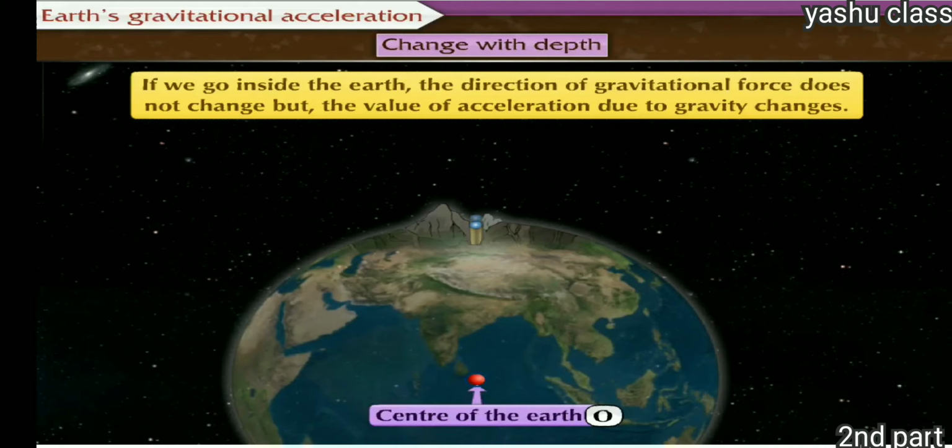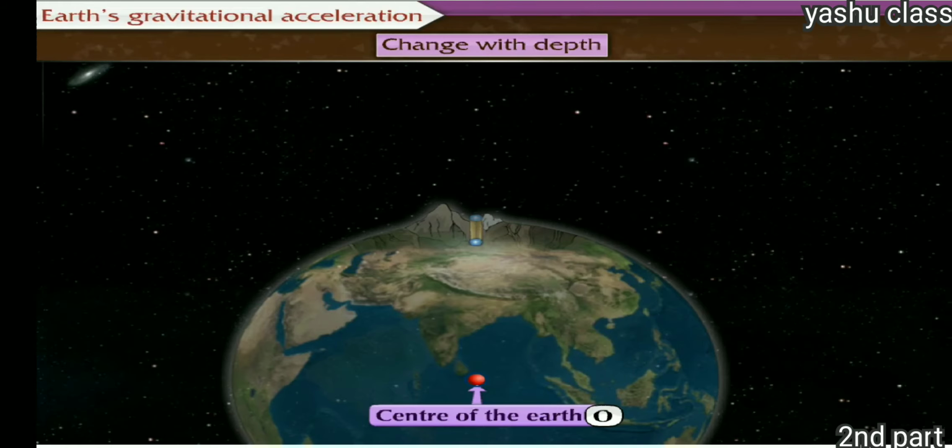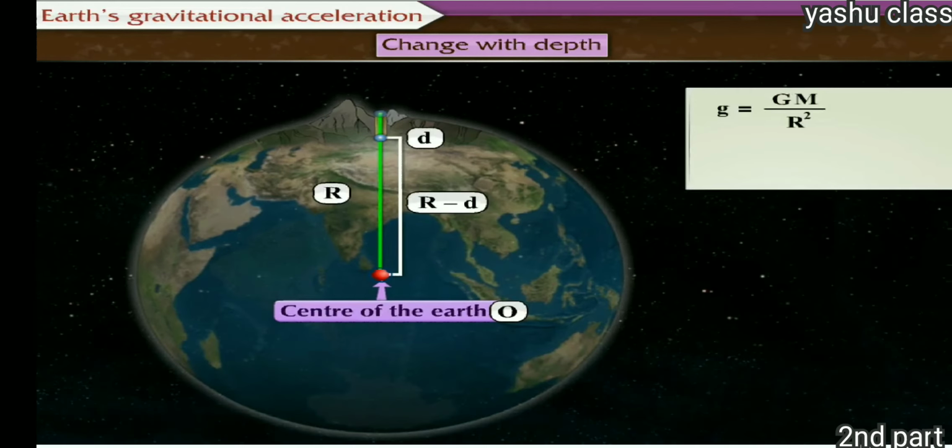If we go inside the Earth, the direction of gravitational force does not change, but the value of acceleration due to gravity changes. While going inside the Earth, the value of distance from the center of the Earth, that is r, changes. As per the formula, if the value of r decreases, then the value of g should increase. But this is not so.